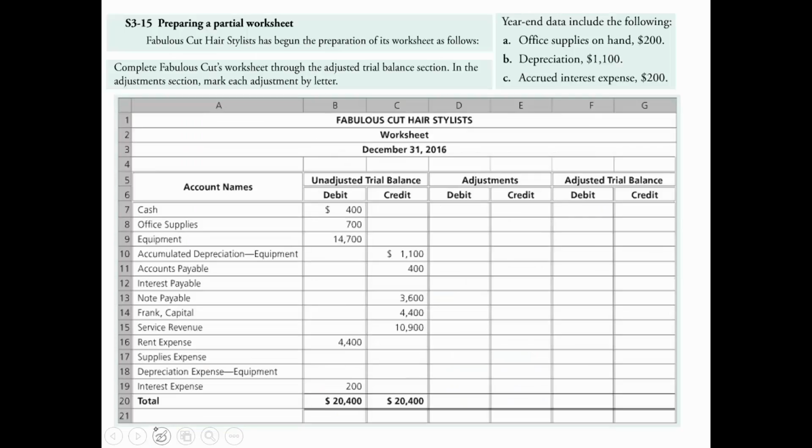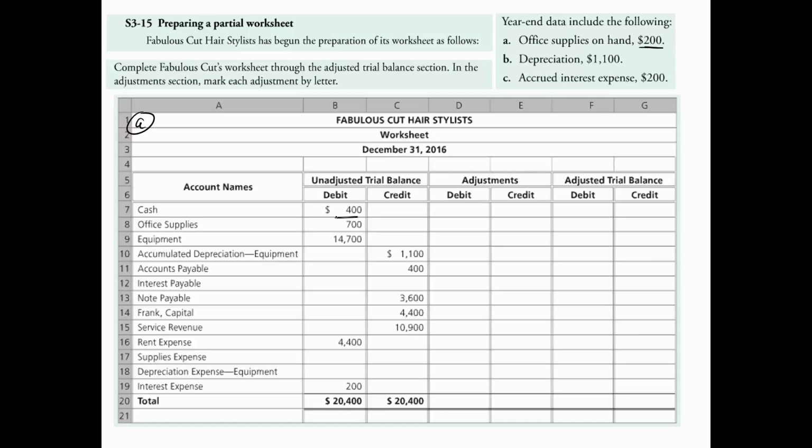I add it together, and my new balance is $6,000. So here's one quick problem where we're going to post these adjusting entries. We've got 3 adjusting entries here. For adjusting entry A, I like to write it out first and then just transfer it. Supplies on hand, $200. So my ledger account's telling me that I've got $700, but when I count it up, I have $200.